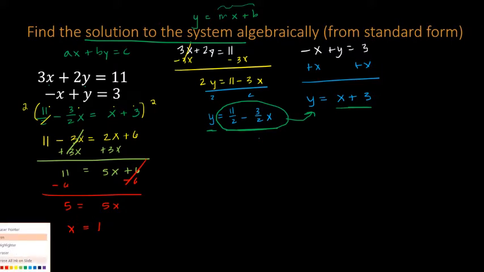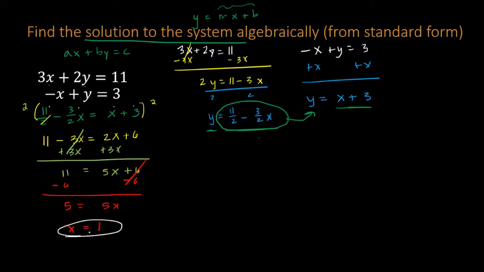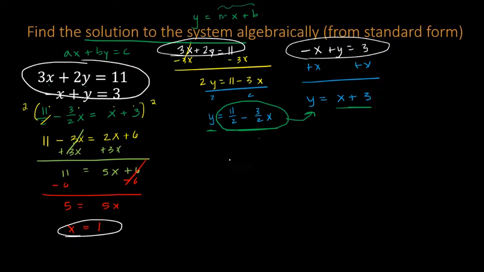Now I can plug in that value of x equals 1 into one of my original equations, and you could choose to plug it into this standard form, or plug it into our rearranged slope-intercept form. I'm going to choose to do slope-intercept form, but again, since all these equations that I've circled are all equivalent, it doesn't matter which one you do. I'm going to choose to plug into this one.